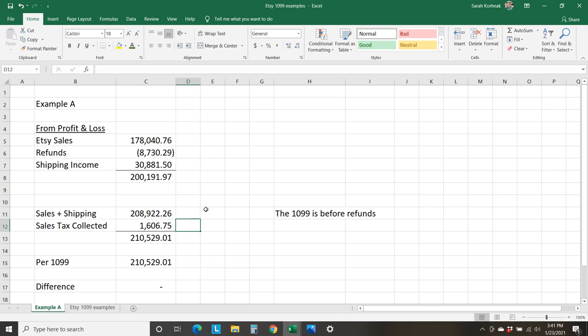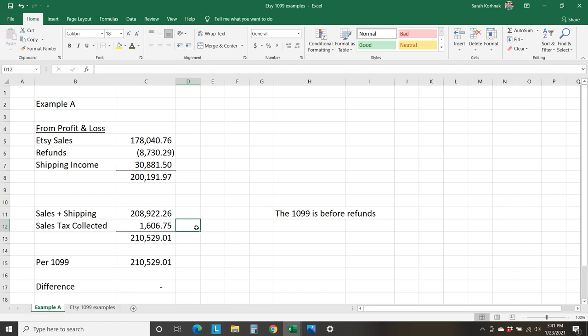A lot of states now have adopted the Marketplace Facilitator Tax Law, which requires platforms, marketplaces like Etsy, to collect sales tax on behalf of their state for all sales made. Florida has not done that yet, so that's why this shop is still collecting sales tax.